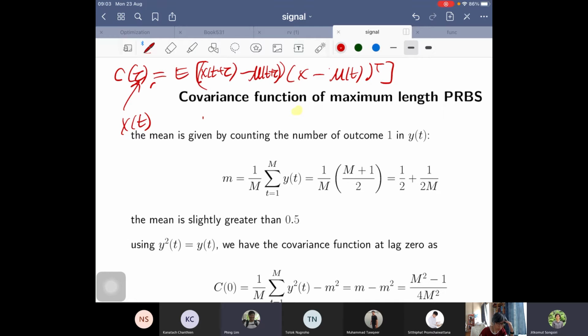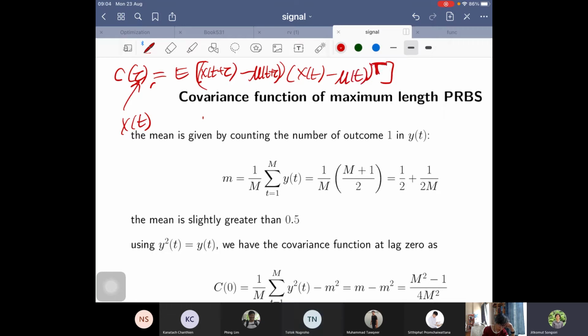Okay, Muhammad, what is the second term? Total, can you answer? x_t minus mu_t. Okay.